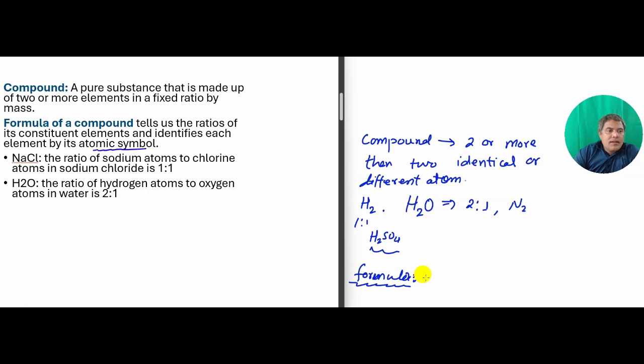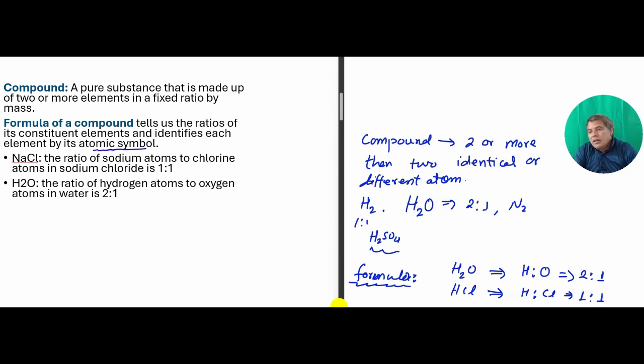For example, H2O: this formula tells us that the ratio of hydrogen to oxygen is 2:1. For example, HCl: the ratio of hydrogen to Cl is 1:1, right? Now if you think about H2SO4, you can write that as what?